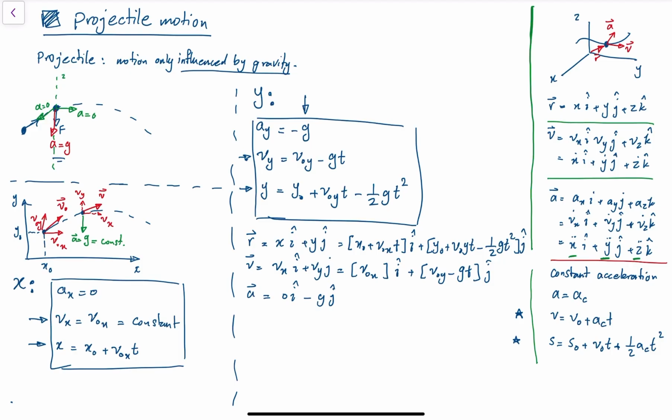One last thing, maybe two last things. If you know the vectorial form, you can always calculate the speed, which is the norm of this velocity vector, going to be the square root of this squared plus that squared: v naught x squared plus (v naught y minus gt) squared.